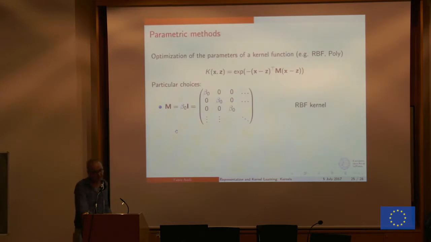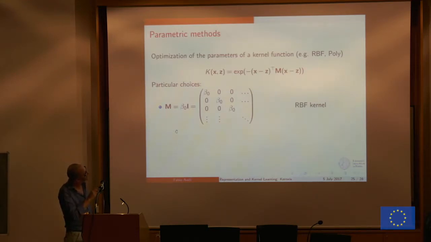The first kind of methods that are used for learning a kernel using data is basically by parameterizing one kernel, like in this case.